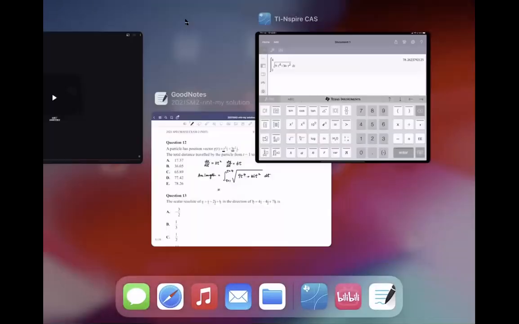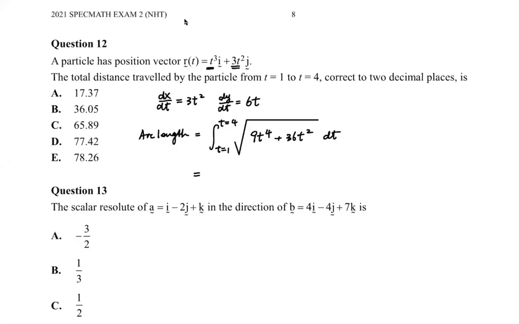Looks like the last option. All right, so question 12, pretty easy, straightforward.